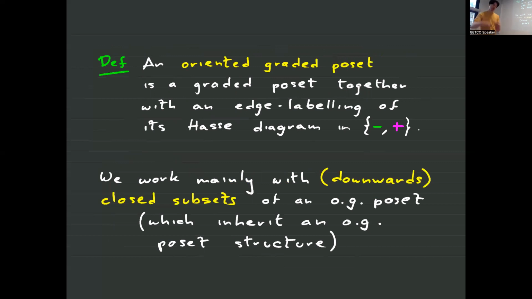So we label the covering relation of the poset by saying, okay, this is covered as an input face or this is covered as an output face. Sub-shapes of this kind of description correspond to downwards closed subsets of a poset, and downwards closed subsets of a graded poset are still graded, and we can give them an orientation just by restriction. So downwards closed subsets also inherit the structure of an oriented graded poset.